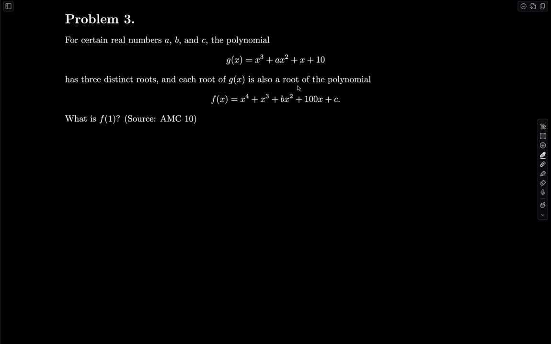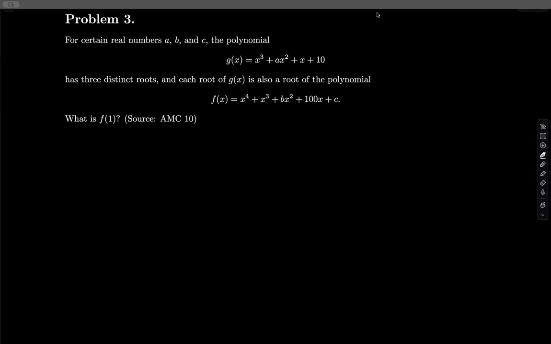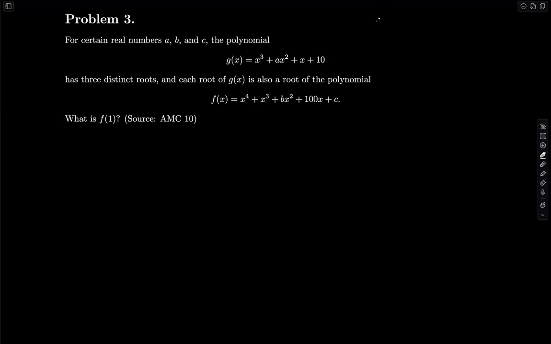Okay, so for this problem, I think it is really important to keep track of the information that we know. So for certain real numbers a, b, and c, the polynomial g of x has three distinct roots, and each root of g of x is also a root of the polynomial f of x.